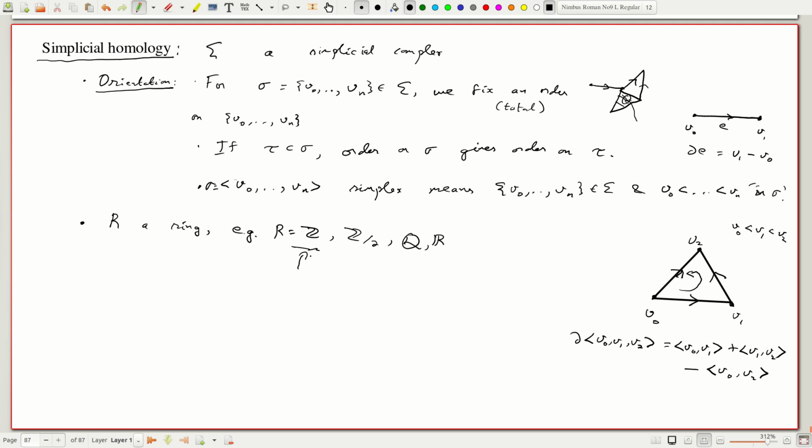Okay, so if not specified otherwise, we will take it to be R, and we'll define the Ck of sigma is the free abelian group if R is Z, but in general the free R module on the k simplices.